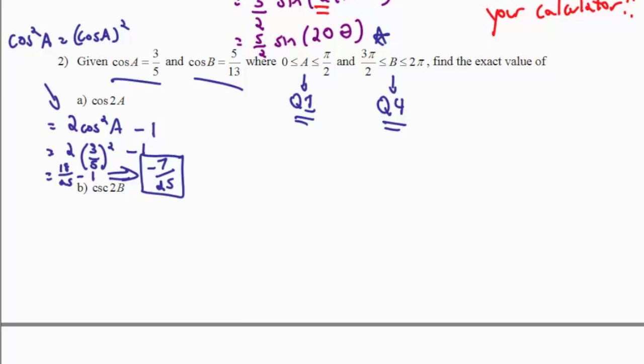But if we take a look at B, and let's do this in pretty orange this time, let's see what we get. Well, we're looking for the cosecant of 2b, and we know we can rewrite this as 1 over the sine of 2b. Okay, well that's something that should tell us that we can input the double angle 2 sine b cos b.